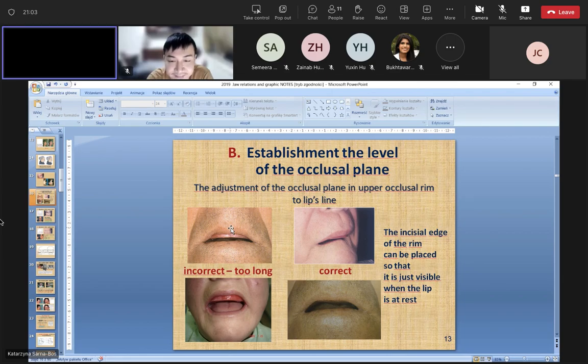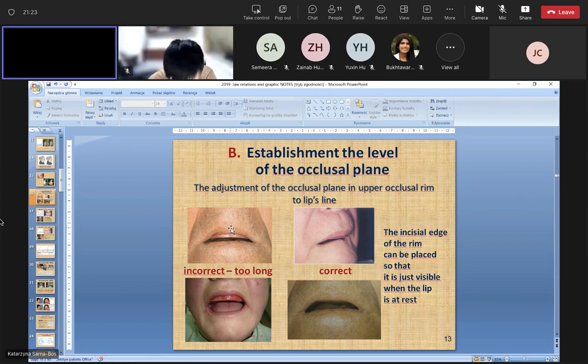The lower border of the maxillary occlusal rim represents the level at which the incisal edge of the upper central incisor will be set. So this level decides how much of the incisal edge will be seen below the margin of the upper lip.